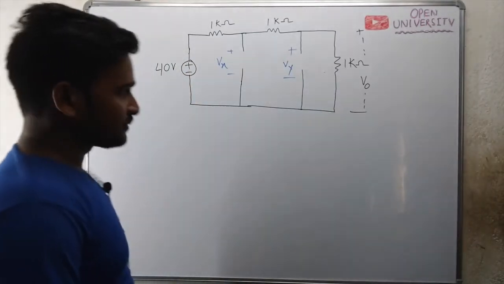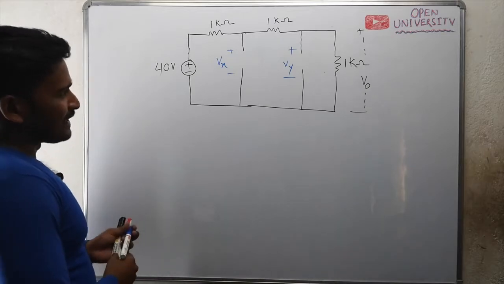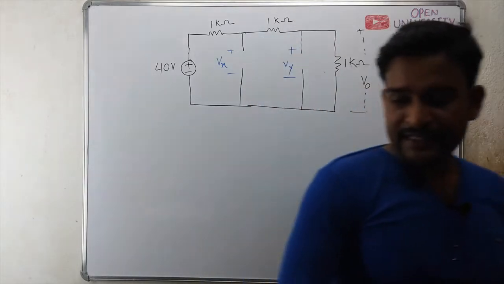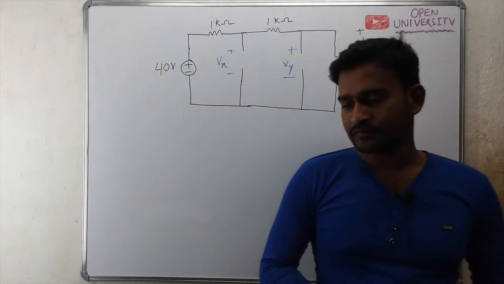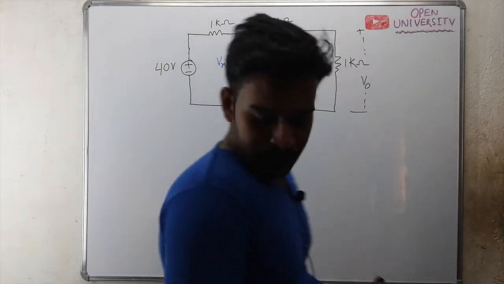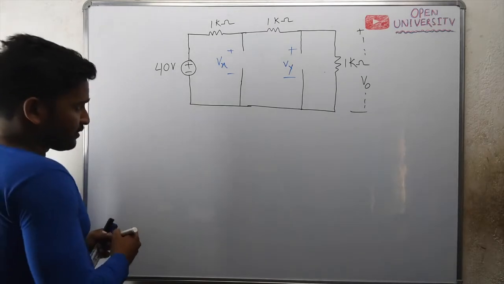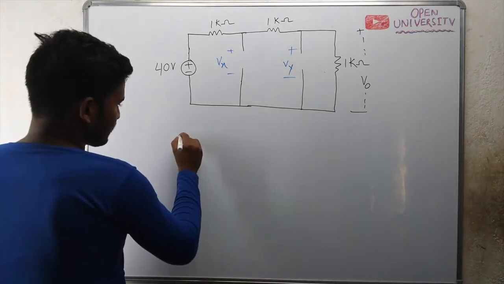I am assuming it. So write down one point: let Z1 and Z2 be off. Okay. So using voltage divider, calculate what is the value of Vx and Vy.